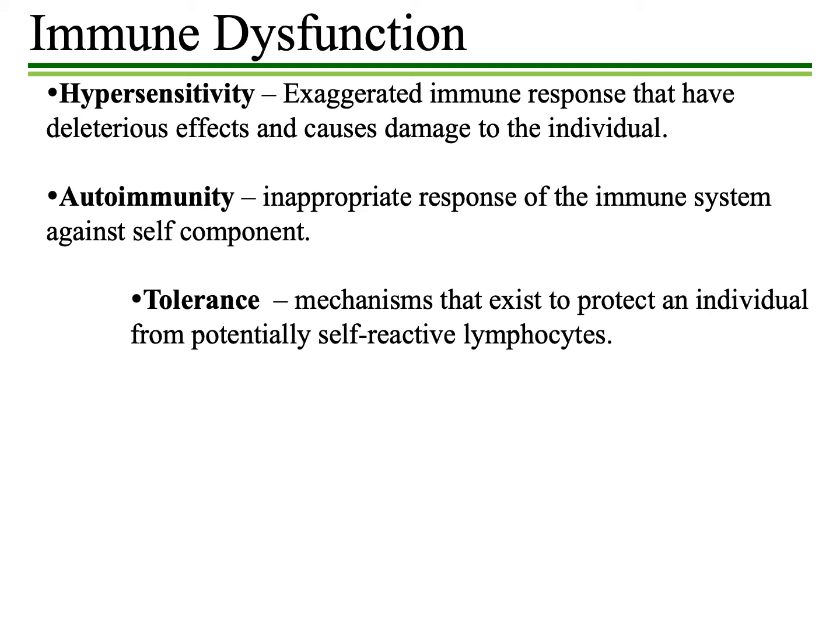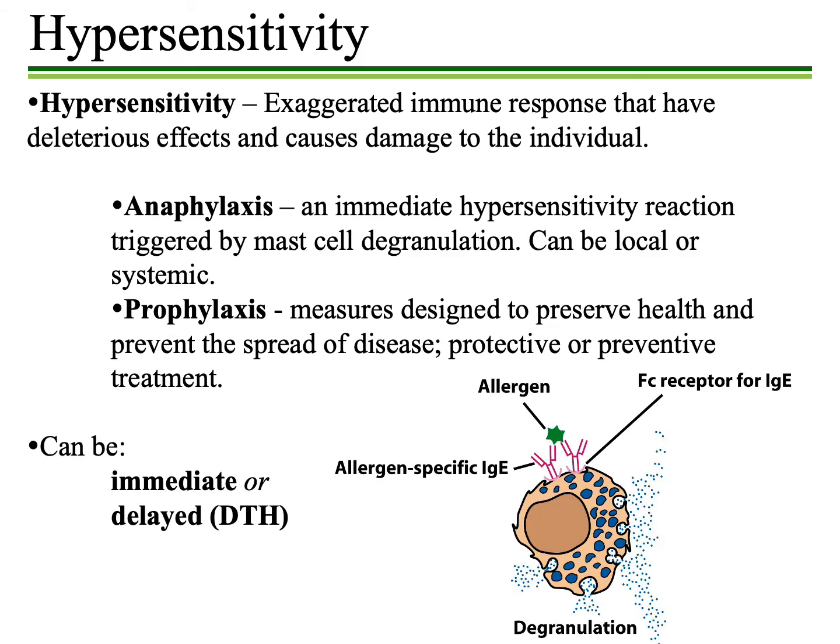Tolerance is a mechanism that exists to protect an individual from potentially self-reactive lymphocytes. So the tolerance mechanism is a safety mechanism to make sure that autoimmune situations don't in fact take place. So when tolerance fails is when autoimmune disorders come into play. So today's lecture focuses specifically on hypersensitivity.